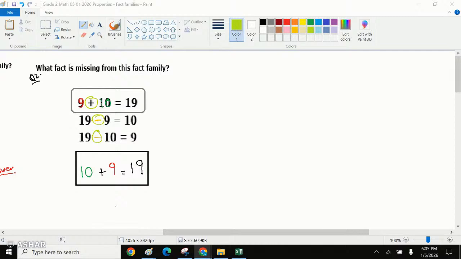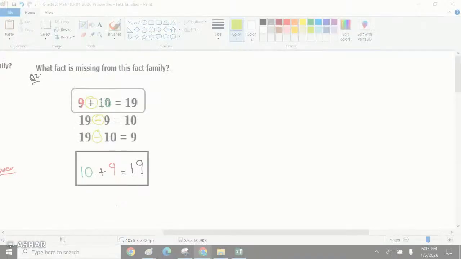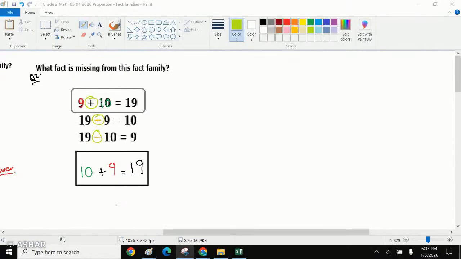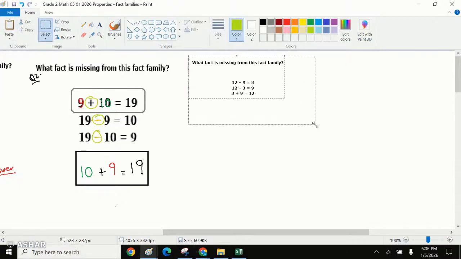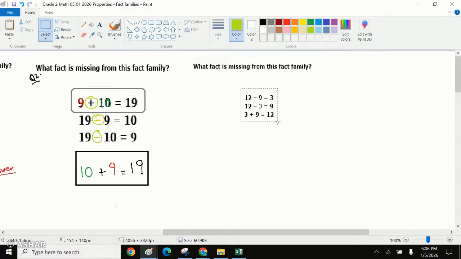Okay, the next question says, what is a missing fact from this family? Let me just copy. Okay, so the next question is this. I'll enlarge this. Let's see what we are missing. In question number 3, they're saying find the missing statement.